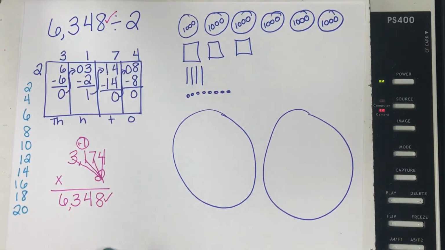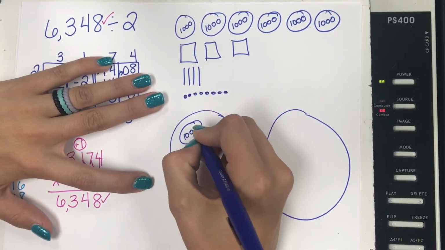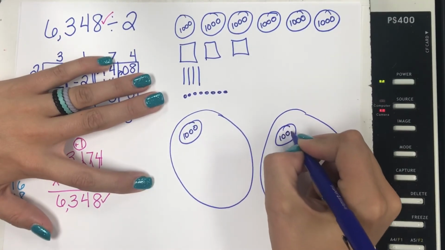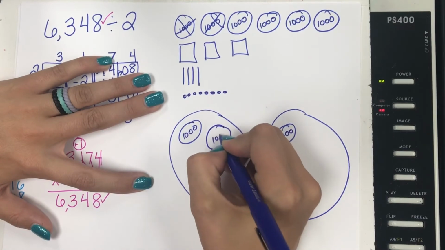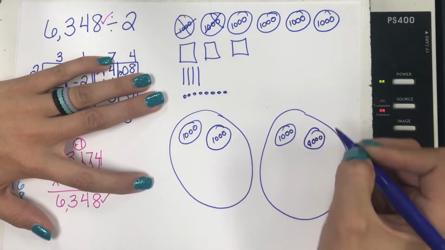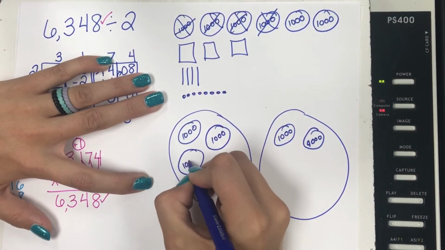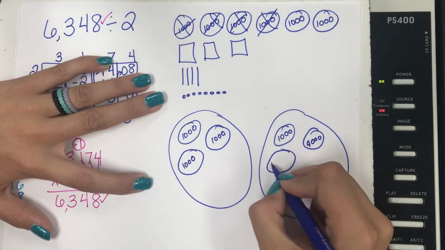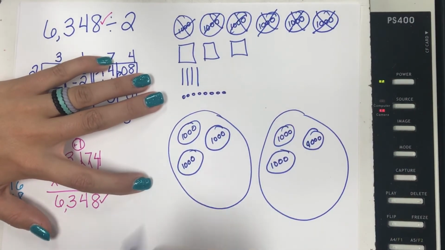Here are my 2 circles. 1, 2, 3, 4, 5, 6 thousands.